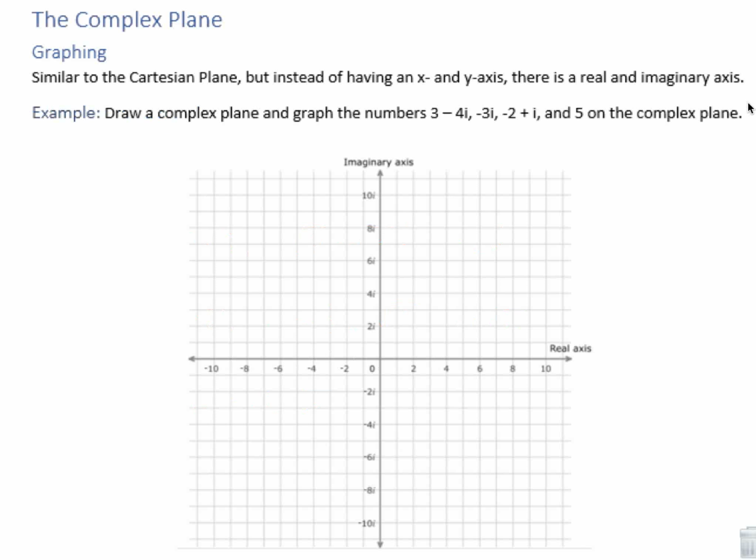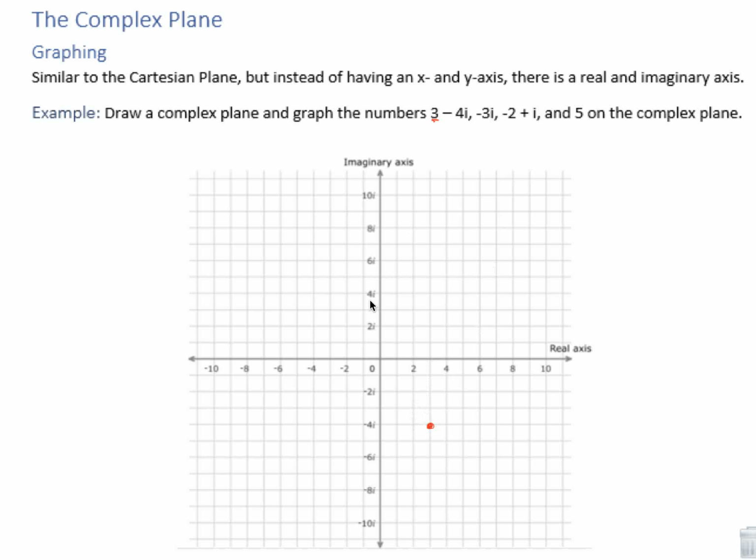We can graph complex numbers similar to an x-axis and y-axis on the Cartesian plane. But instead, we're going to have a real axis and then an imaginary axis. And we see here, we want to graph 3 minus 4i. Well, that just means 3 is our real part, so we get a 3 on the real axis and -4i on the imaginary axis. And there is the point, 3 minus 4i.